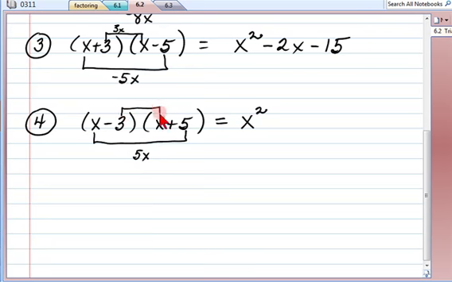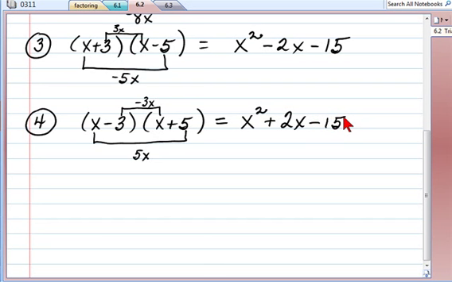The inner product is negative 3 times x, which is negative 3x. Again, they have different signs. So with different signs, I always subtract, keeping the sign of the greater one. This time it's positive 2x, whereas the last time it was negative 2x. The product of negative 3 times positive 5 gives me negative 15.